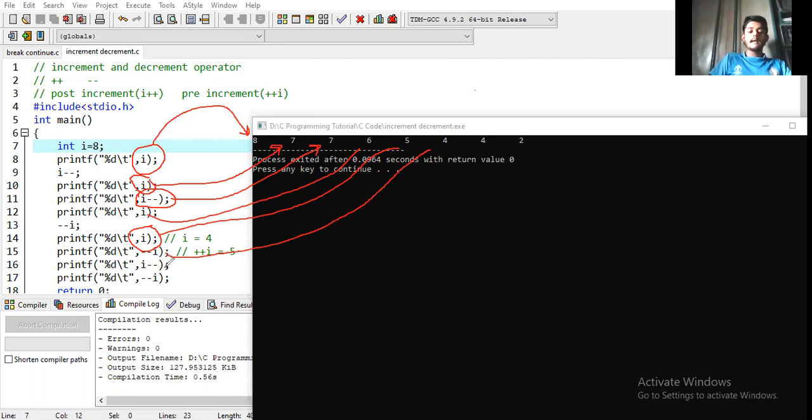And I--, that means now in the I variable there is 4. So first 4 will be printed here and then it will be decremented by 1. So now 3 is stored within the I variable, and then we are writing --I. That means first I will be decremented by 1, that is 3 minus 1, that is 2, and then I will be printed. So that's why 2 is printed here.